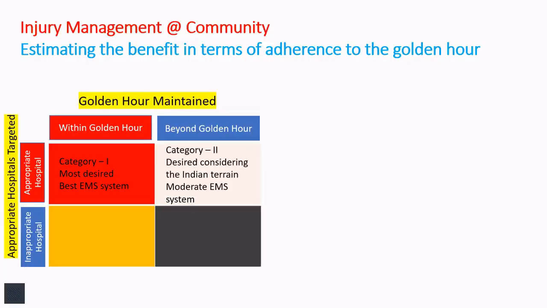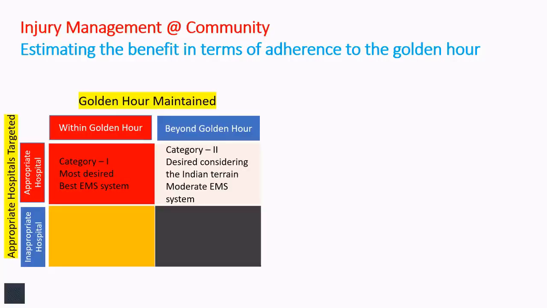Then, if the patients are being transported to an appropriate hospital, but they are not maintaining the golden hour, they are going a little beyond the golden hour, what happens? The probability of survival declines a little bit, but it is still the best place where the right treatment can be initiated.